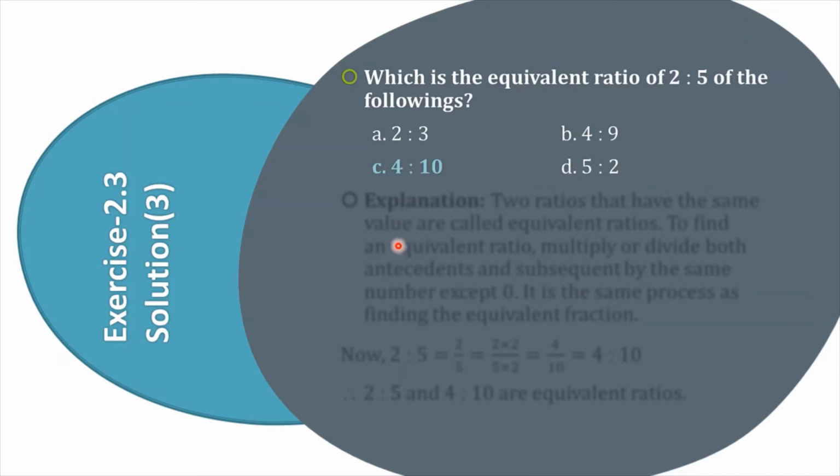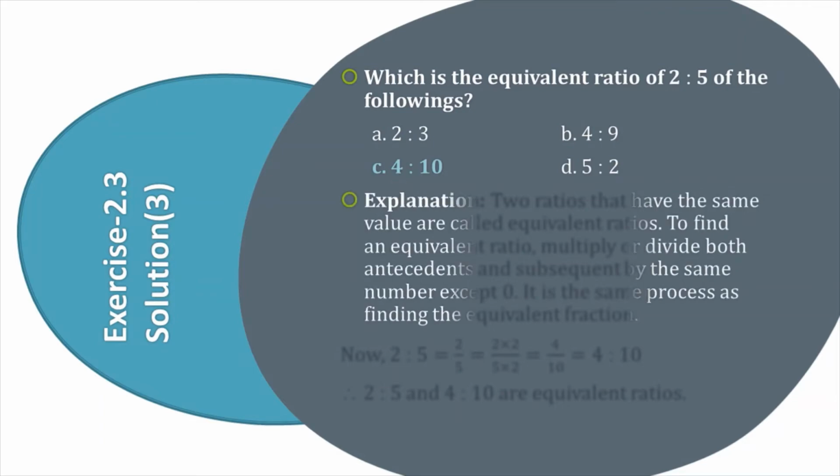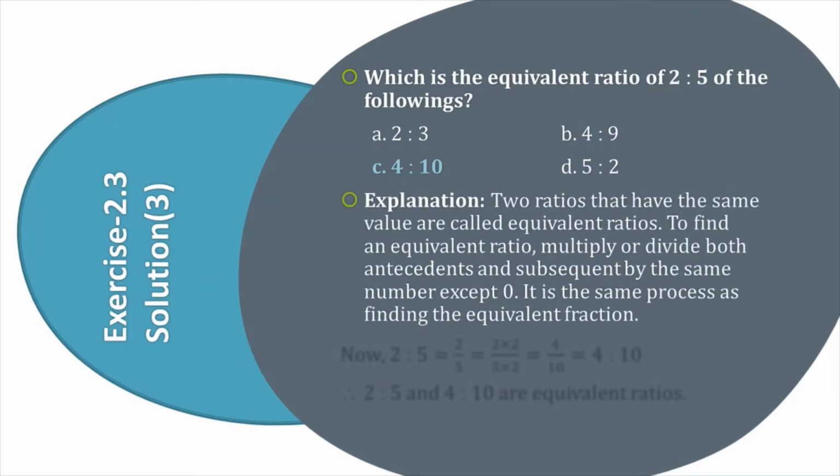As you can see, the marked part, that colorful part in here, that is C 4:10 is our desired answer. Let's see how we get this answer. Explanation. Two ratios that have the same value are called equivalent ratios. That means that would be the same value.